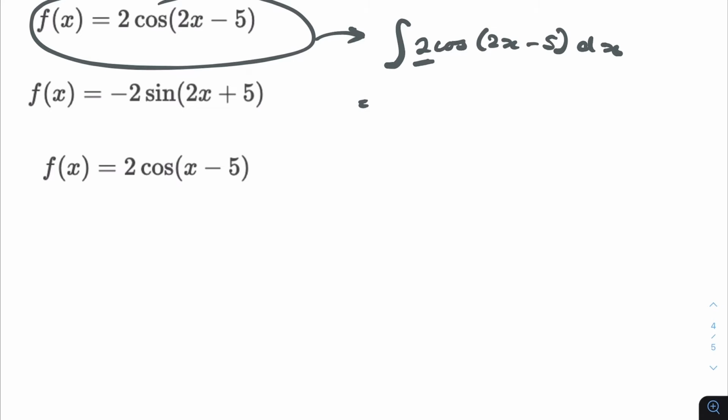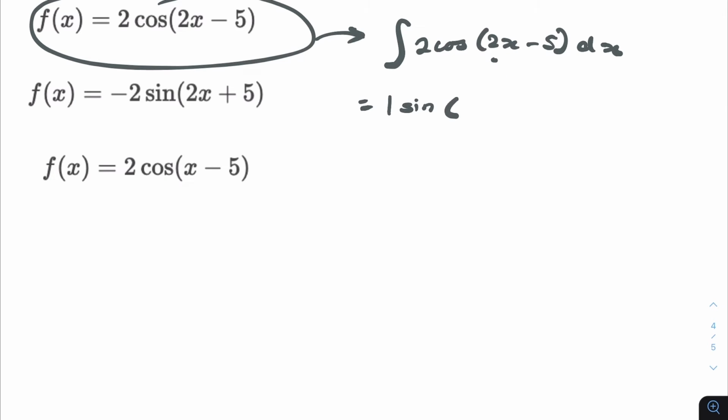So the derivative of 2x minus 5 will give us 2. Then we divide 2 by 2, which gives us 1. And then we realize that cos becomes sine when integrated. So it becomes sine.